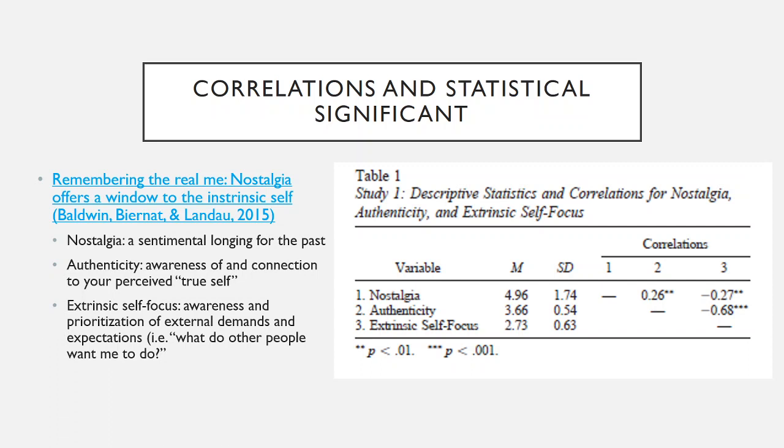So this is a table that not only has columns for the descriptives for all three of the variables in question, it contains over here a correlation matrix, but it's all cleaned up. I've mentioned when talking about the lab quiz that this diagonal here represents unimportant information because this box here, where it's nostalgia over 1, this box would represent the correlation between nostalgia and nostalgia, which is obviously 1-to-1, but we really don't care about correlating a variable to itself.